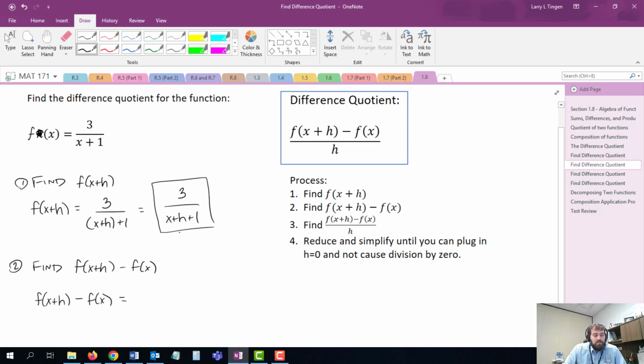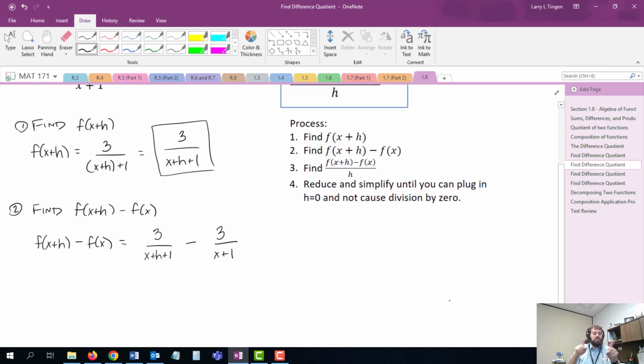So f of x plus h from the last problem is 3 over x plus h plus 1, minus f of x, the original function, which is 3 over x plus 1. There's nothing to be done, I just need a common denominator.